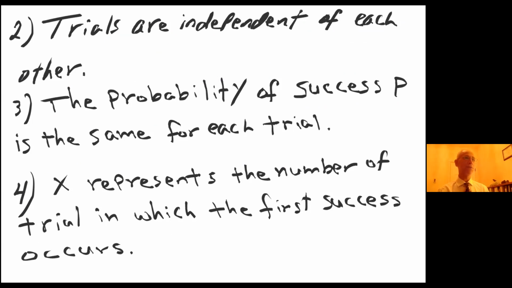So let's say that if you think of a basketball player that has, let's say, 80% chance of making a basket in every shot. So this person keeps shooting until the first basket is made. All right. Let's go to the next page.